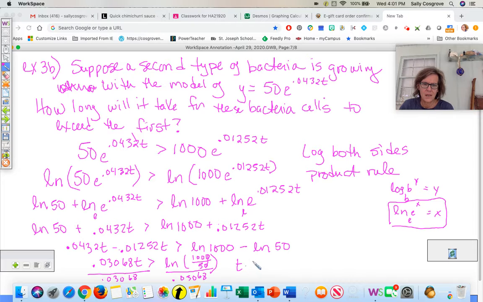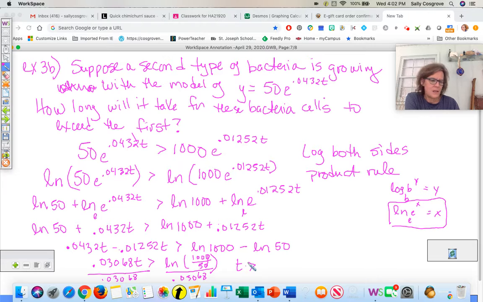T is greater than, so let's get our calculator. And we have the natural log of 1,000 over 50, or 100 over 5, or 20. Okay, and then hit enter.